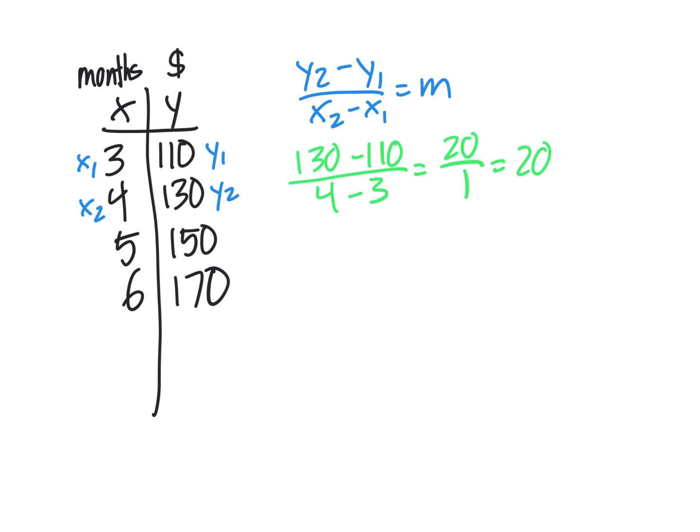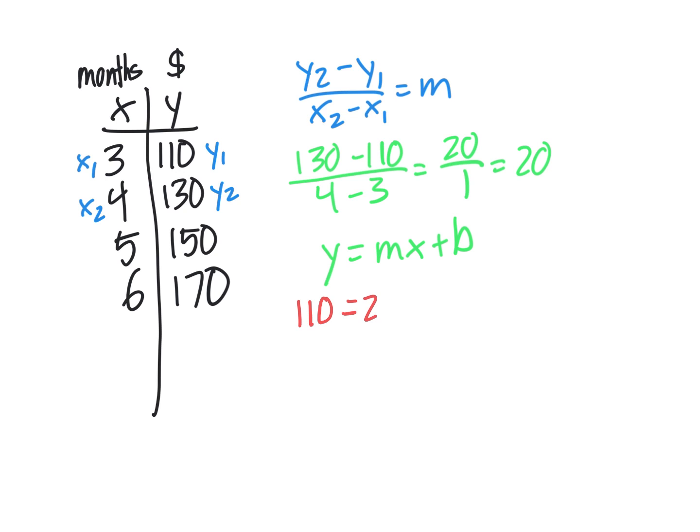So now I have to go find the y-intercept. And I would prefer to use the method where I use y equals mx plus b. So I know that my slope is 20. And I can pick whatever point that I want for the x and the y. So I'm just going to pick the first point, okay? Doesn't matter. It'll work with whatever point you use. So the y is 110.